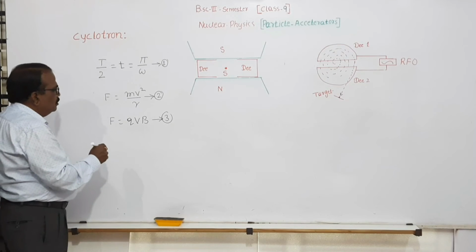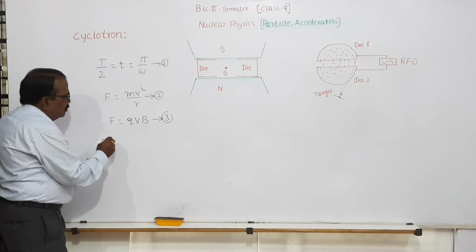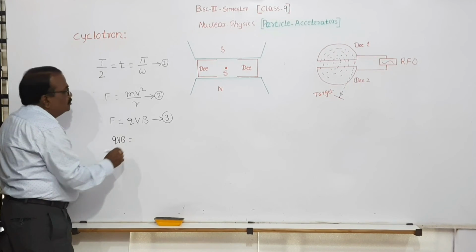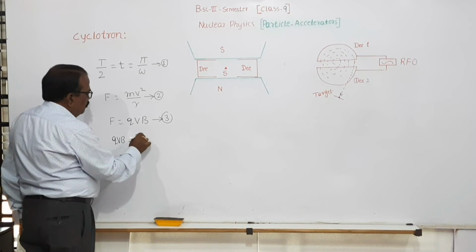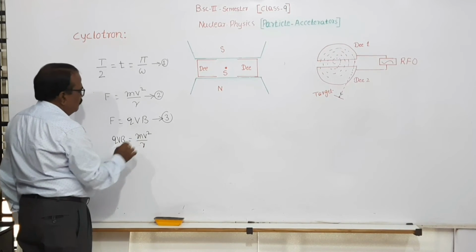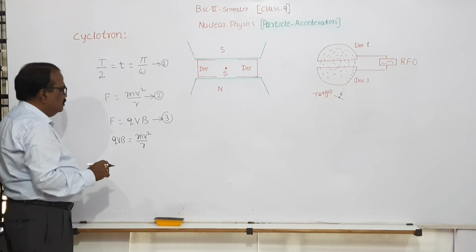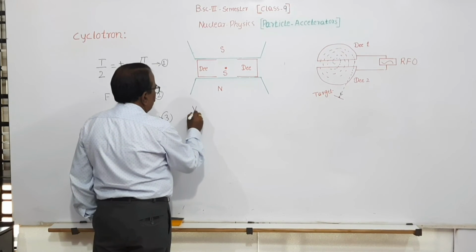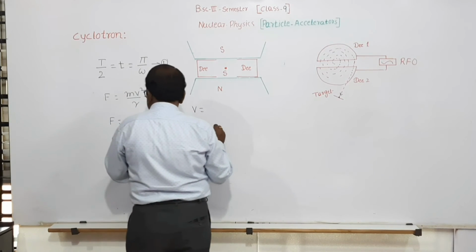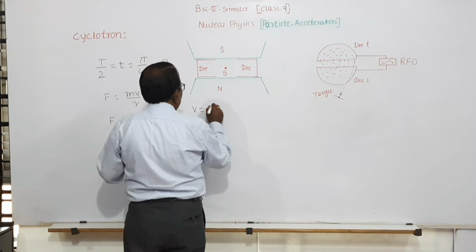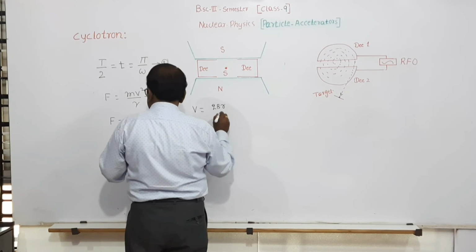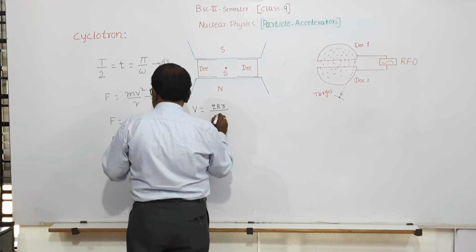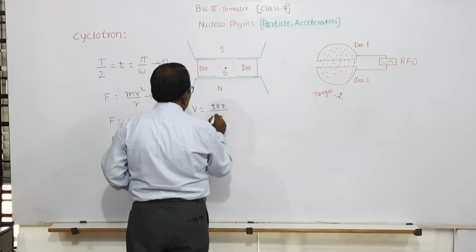So from equations 2 and 3, we can write qvB is equal to mv square upon r. Then v cancels. That is, v is equal to qBr upon m.